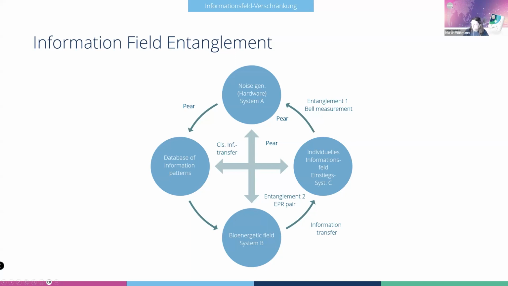There's some information going back and forth. Your conscious focus is, of course, included there. Then you have an entanglement between those two. Then you have an entanglement between the noise generator, your Healy, and your information field. And you have the database, which you are using as an analyzing tool.